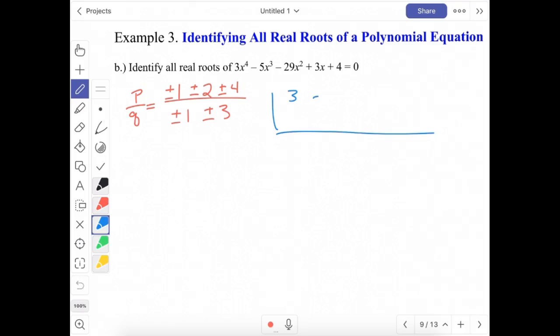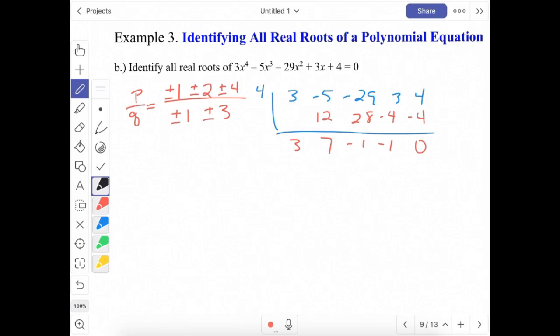So we have 3, negative 5, negative 29, 3, and 4. Now I know that 4 works out. Bring that 3 down, times 4, we get 12, 7, 28, negative 1. That would be negative 4, negative 1, negative 4, 0.